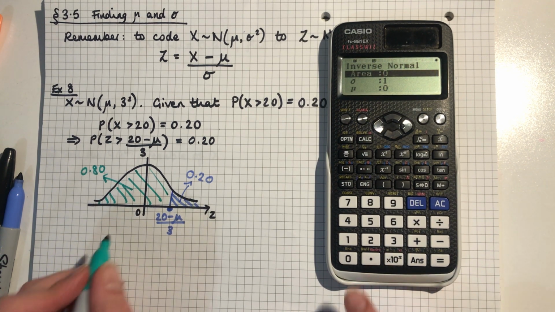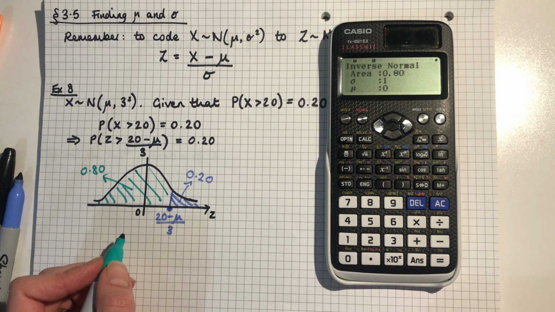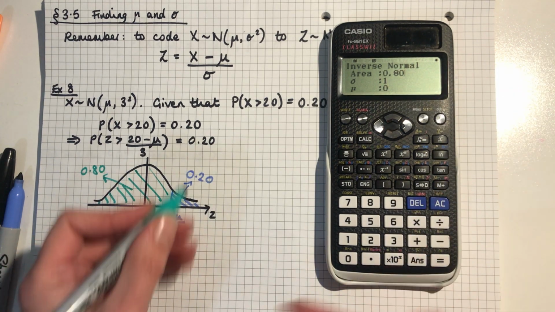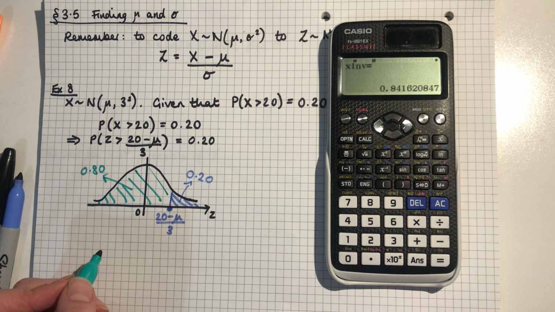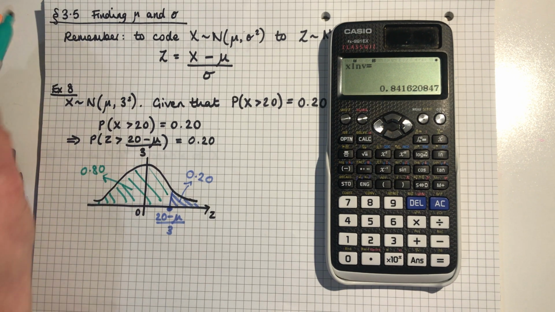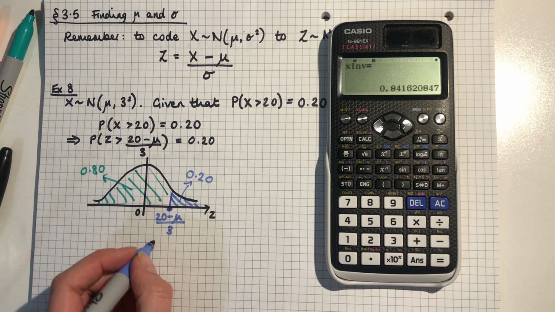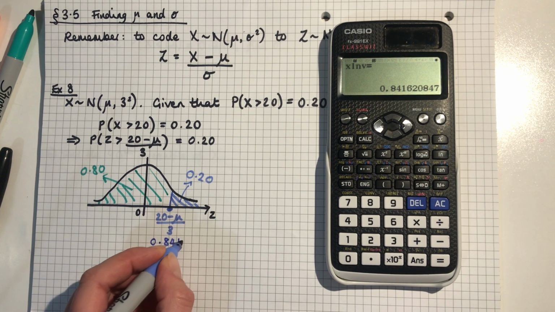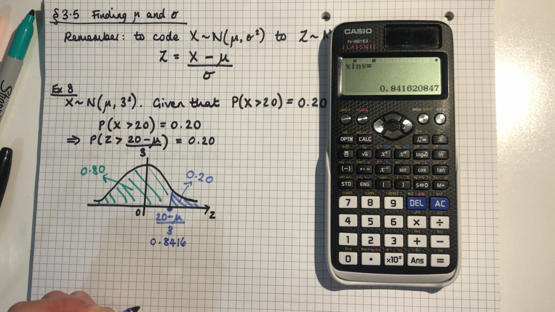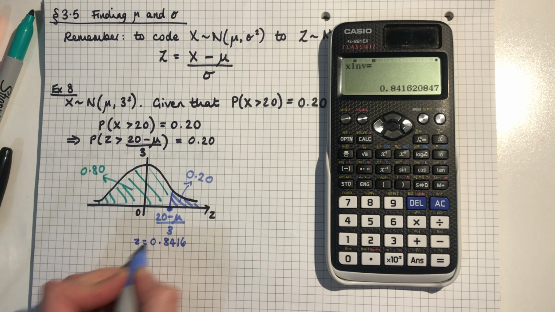The area is 0.80, keeping 1 and 0 because we're on z now, we're on the standard normal distribution. And we have this value coming out as 0.8416. That's our z value.